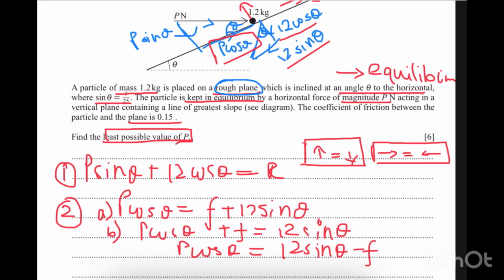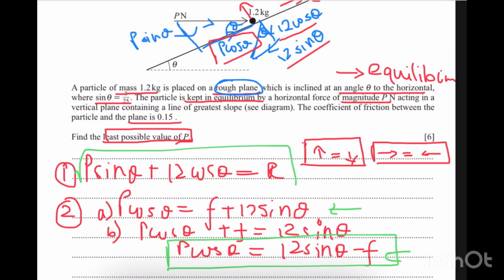So now we have to choose between these two equations. What gives us the least value of P? This one does. So now we will use this one and the first equation in order to find the value of P.